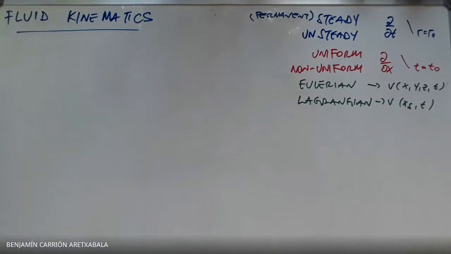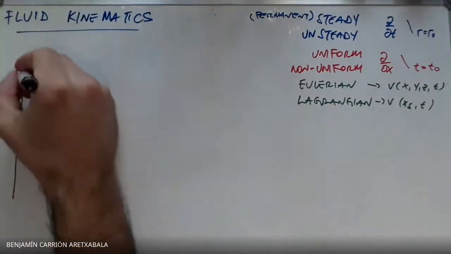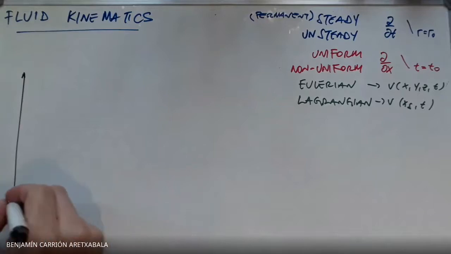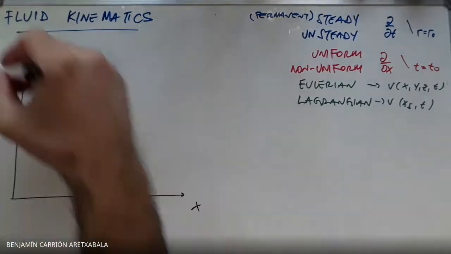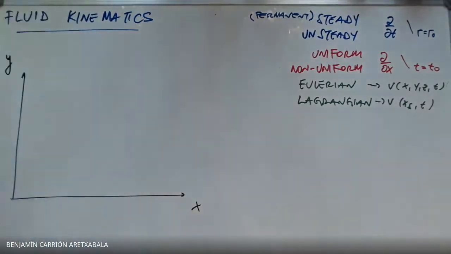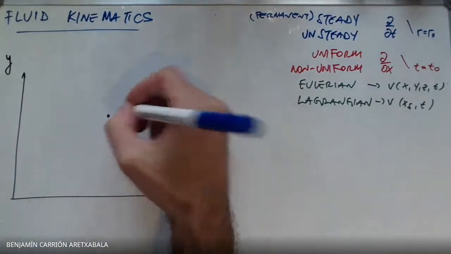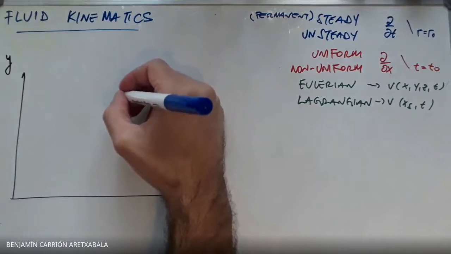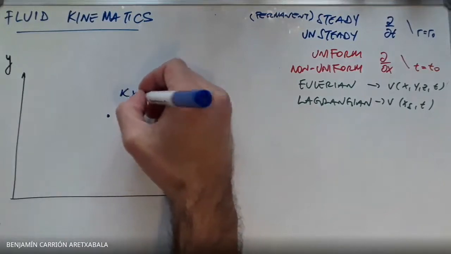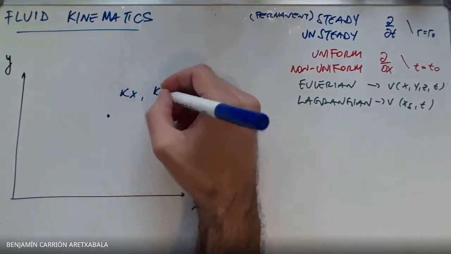This is only in 2D, since the w velocity is 0, so we're going to have this coordinate system. For every point, the velocity is going to be kx minus ky.